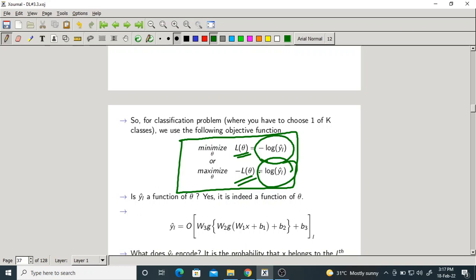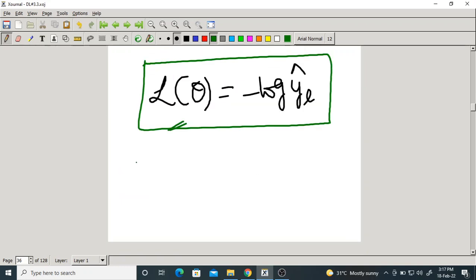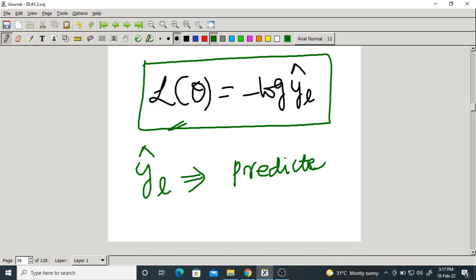But what is YL hat? These are the predicted probability distribution of the correct class.